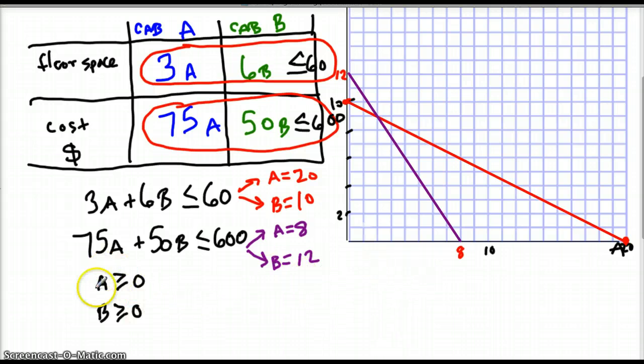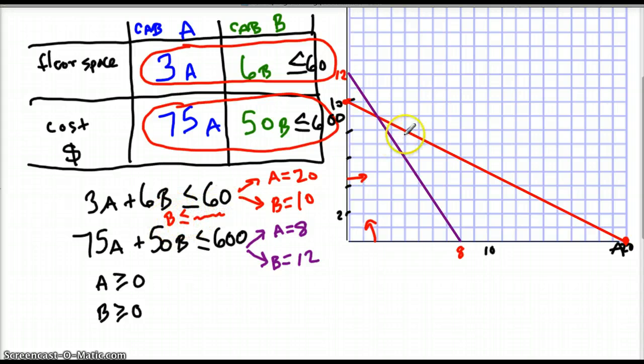Now, of course, A is positive and B is positive. That means we'll shade up above the A axis to the right of the B axis. If we rearrange this into B equals, it would be B is less than or equal to blah blah blah.